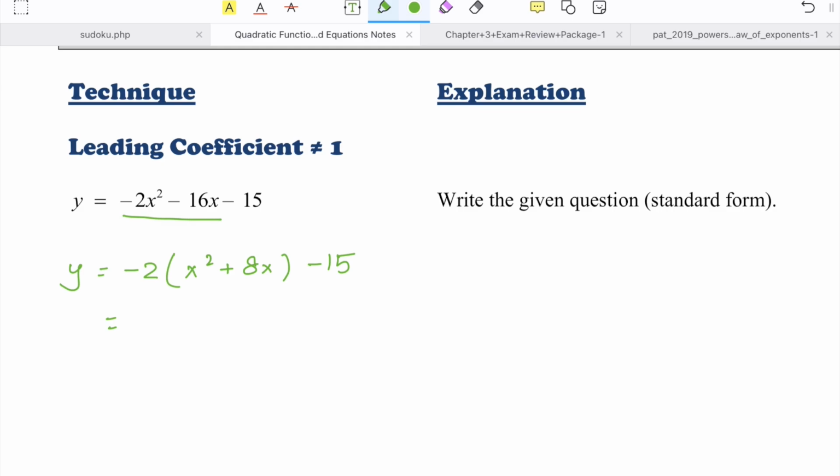After that, I just need to complete my squares. So the step was that I do b divided by 2, which will give me 4, do the square of that, which is 16, add and subtract that. So -2 x squared plus 8x plus 16 minus 16, which potentially is 0, right?